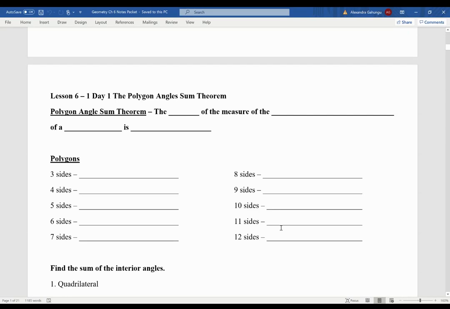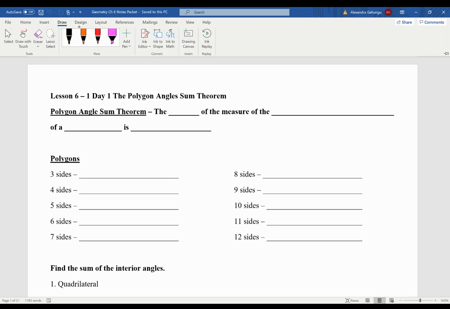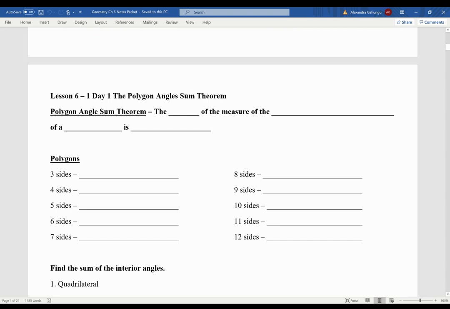Okay, so we're going to start chapter 6 by looking at polygons and their angle sum. Our first theorem, the polygon angle sum theorem, goes over the interior angles.